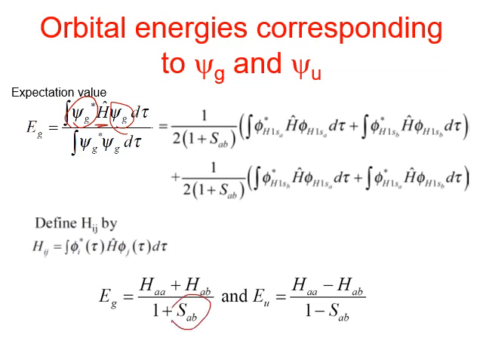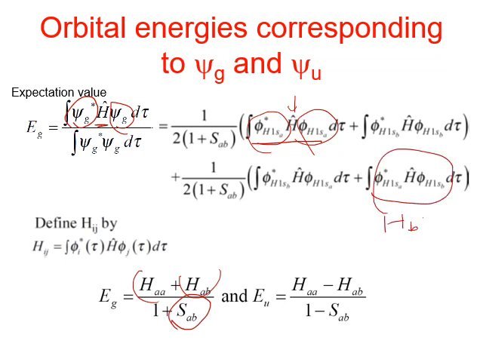So we have the overlap integral we already talked about before, and some new integrals we need to calculate. HAA is when the two atomic orbitals are the same with a Hamiltonian operator, and here it's HBB, and these two are the same, so they combine together. And here this is HAB and this is HBA, and they are the same.